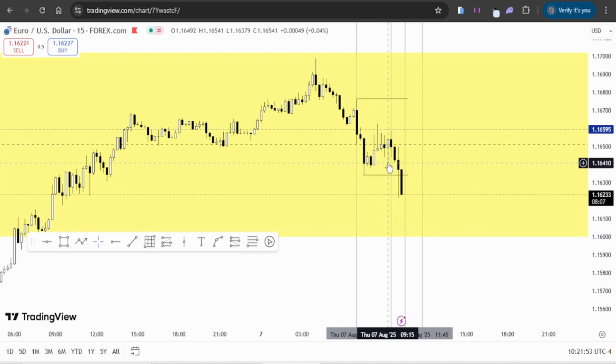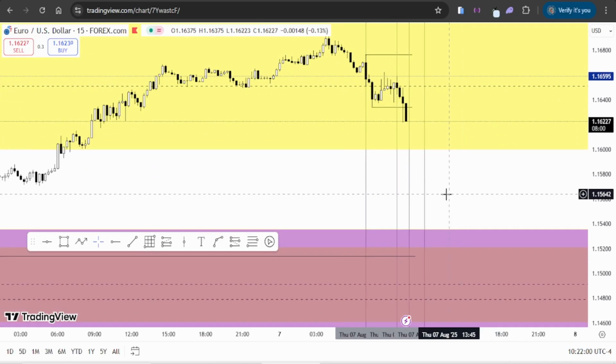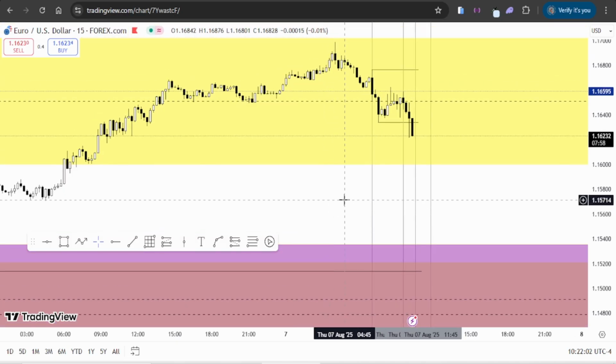So remember, when price first of all breaks the low, then we are confident that yes, according to the open, low, high, close structure of price delivery, it's a kind of price delivery structure.